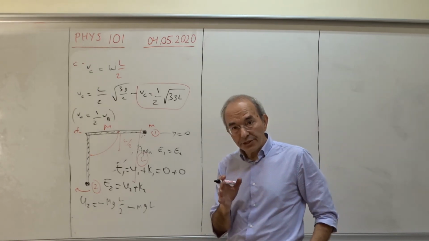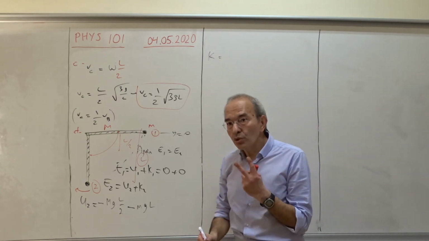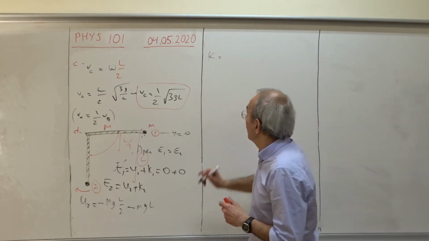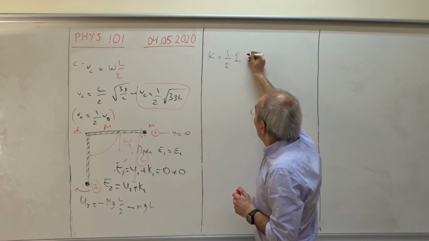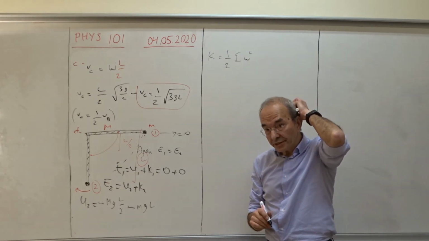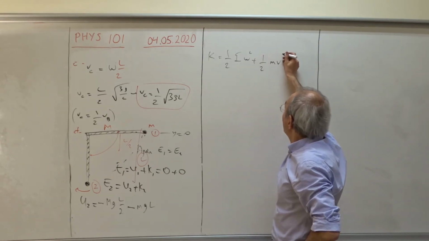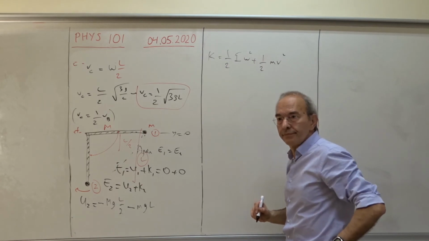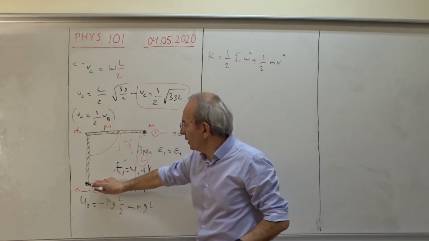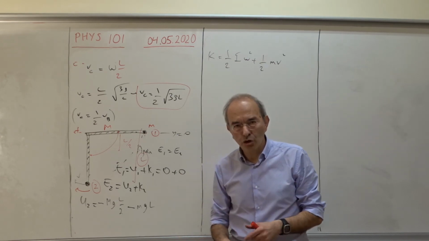What about the kinetic energy? The kinetic energy also has two contributions, two parts. One is 1/2 I omega squared. The other is 1/2 mv squared, because this one now has a certain velocity v, which is the velocity of the end point of the rod.